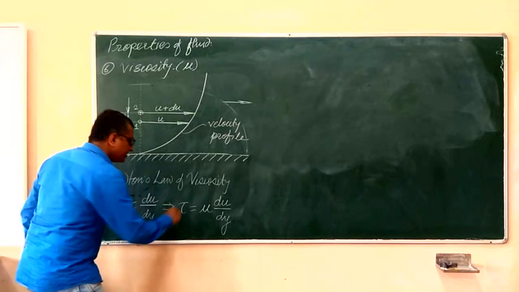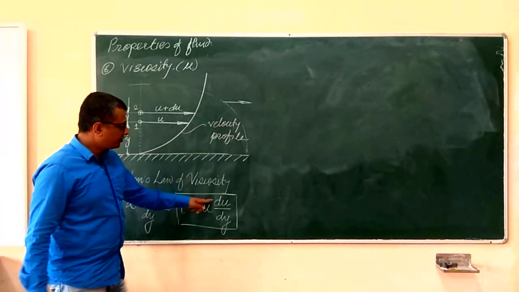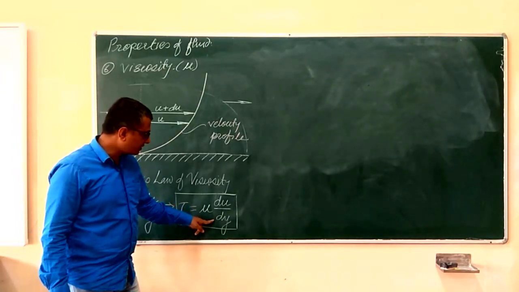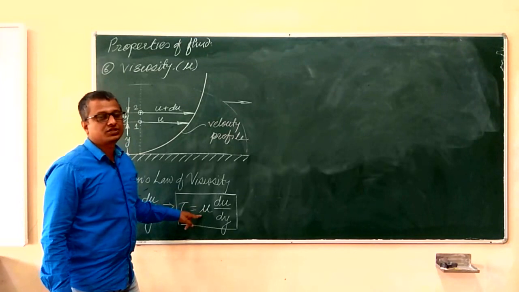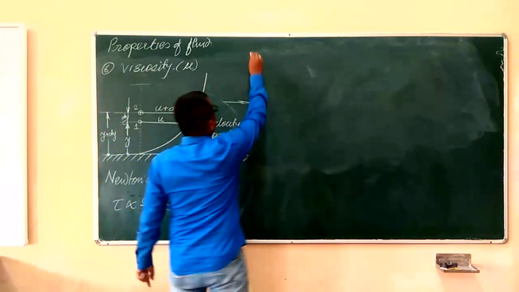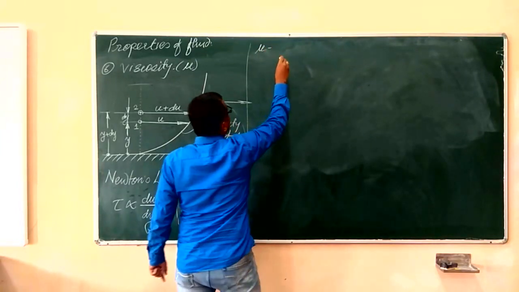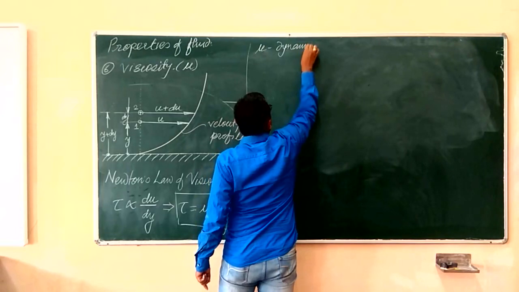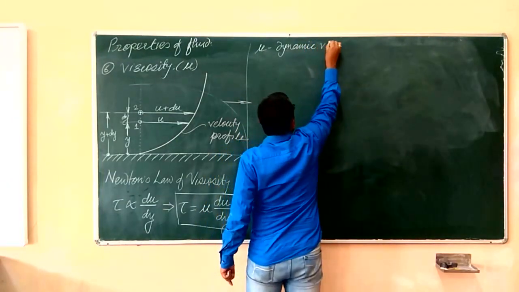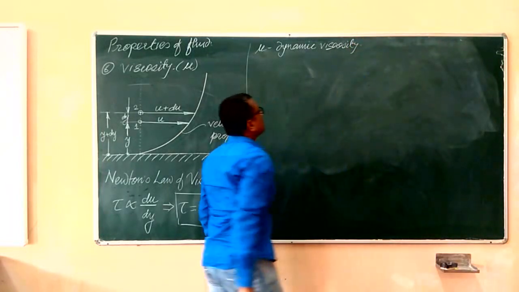where tau is the shear stress, du by dy is the velocity gradient, and mu is the viscosity, also known as dynamic viscosity, right?